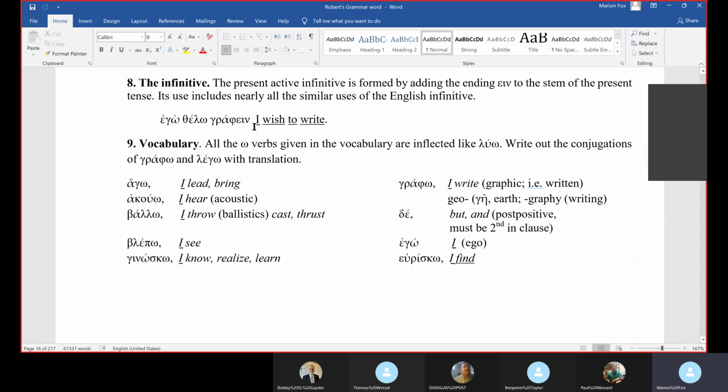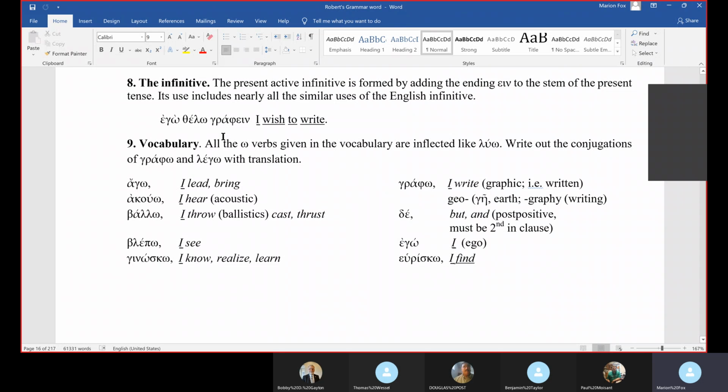However, let me point out, this ego is a pronoun. And when you use this first person singular form of this pronoun, it's always emphatic. That's what the authorities tell us. That would be because thelo has its own first person singular ending. So this is I wish to write. That wouldn't be good English, but it's emphatic.